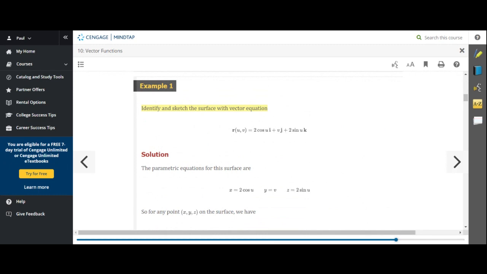So oftentimes when you want to graph a parametric surface, based on your parametric equations, it's often easier to hold one variable constant and let the other variable vary. That's adequate.